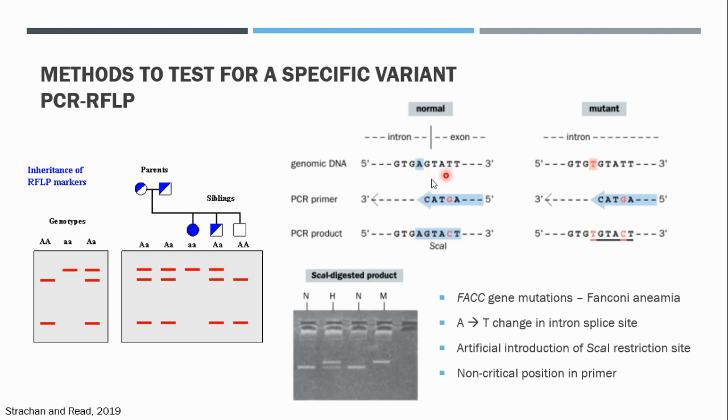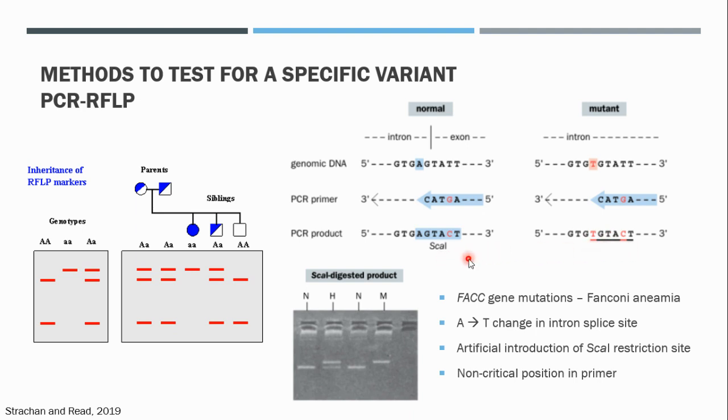So in a patient which has a normal genotype, the SCAR1 restriction site would be introduced. So where there is an A in the sequence, we would introduce the AGT-ACT restriction enzyme site. However, using this primer in a mutant patient would result in the creation of a TGTACT site.